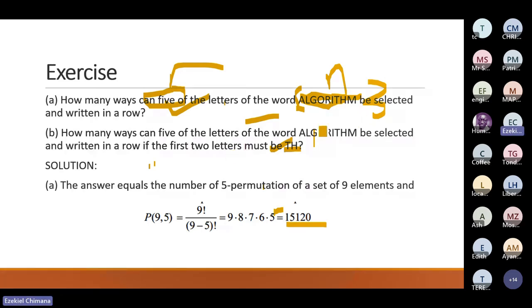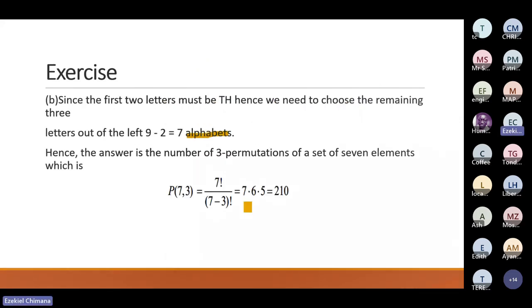After that, you have your new n, right? Your new n is now 7. And you have th here, so you are just going to pick only 3. So this will become your new formula, which will be 7, 3. So your n will be 7 and your r will be 3.